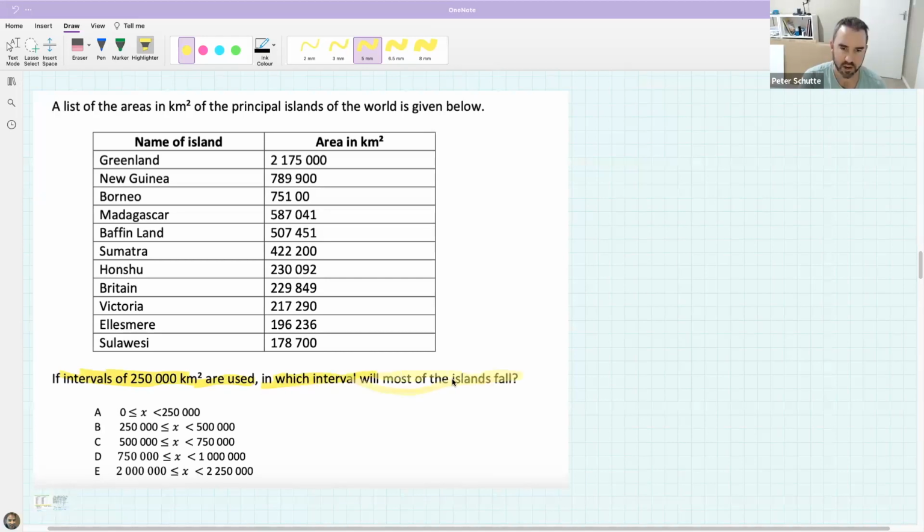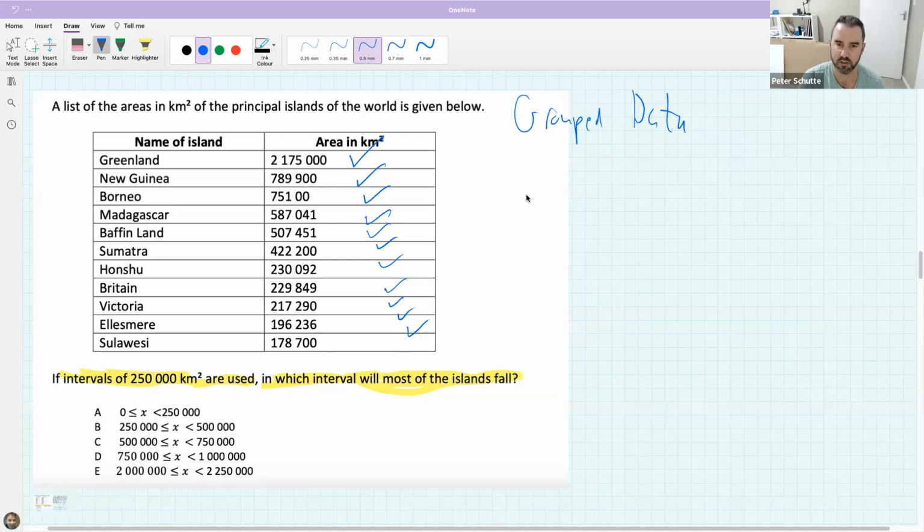fall? And what we're doing now is we're going from single lists of data. So this is a list of data that's ranked in order, and we're going to something called grouped data in a table. And what they're saying to us is in our table, we need a space for intervals.